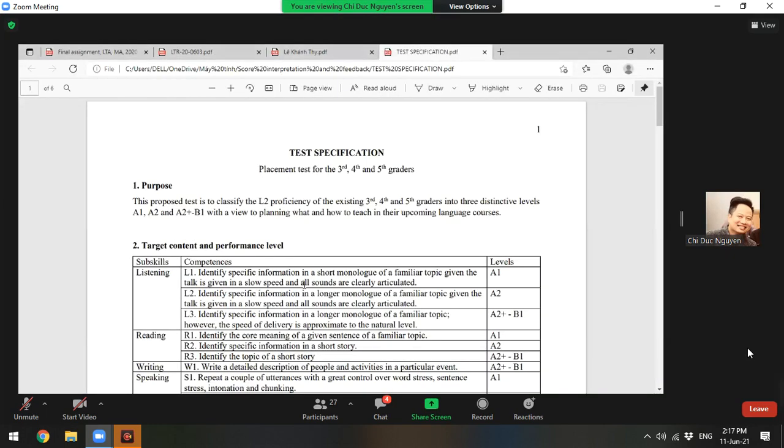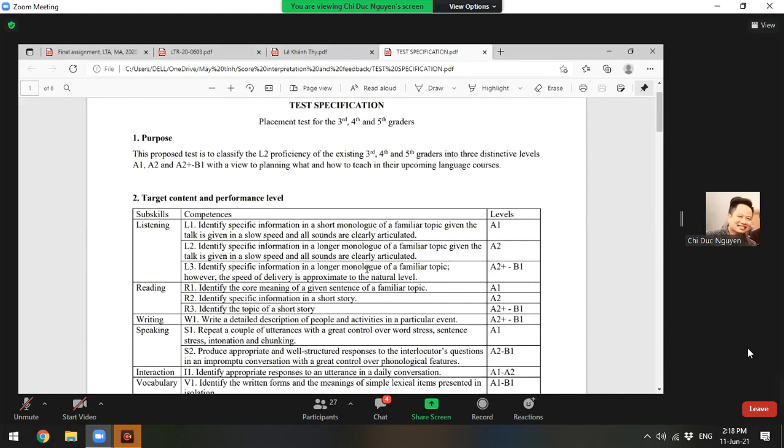Okay, so when I say that the student has A2 level in terms of writing, for example, they are able to write a detailed description of people and activities in a particular event. So that is the meaning of the score. Or when I say that the student has A1 level in terms of reading, they are able to identify the core meaning of a given sentence on a particular familiar topic. So that is the meaning of the score.